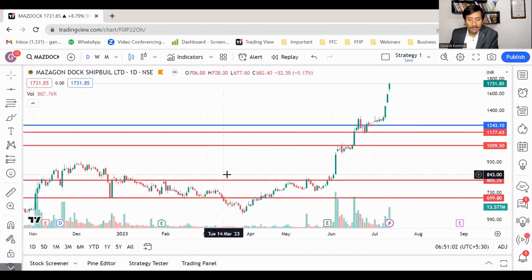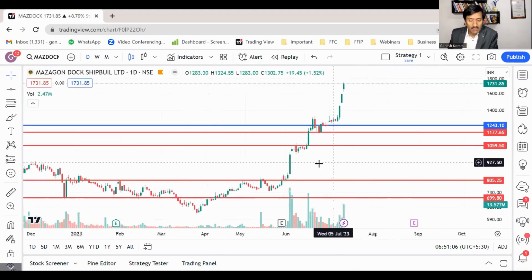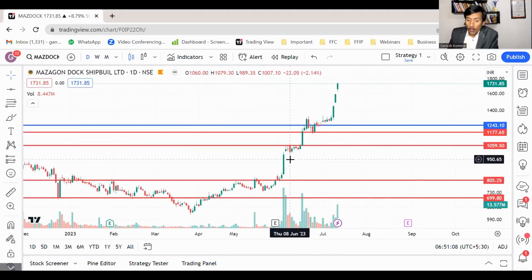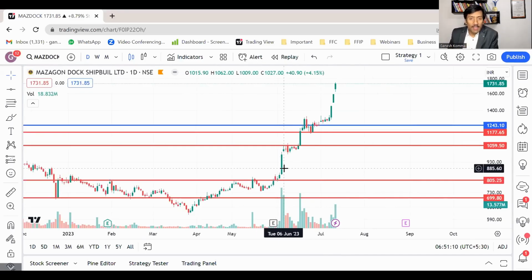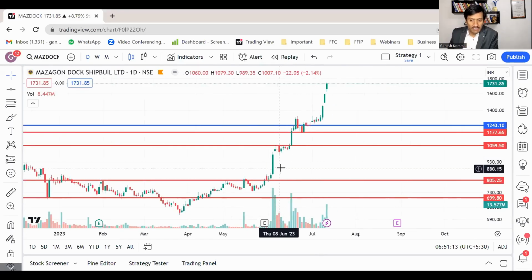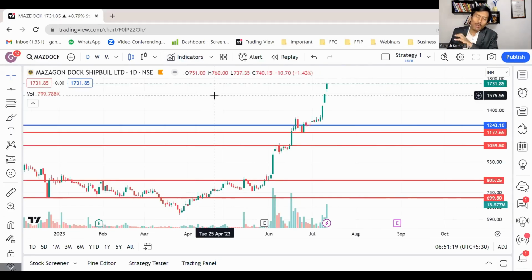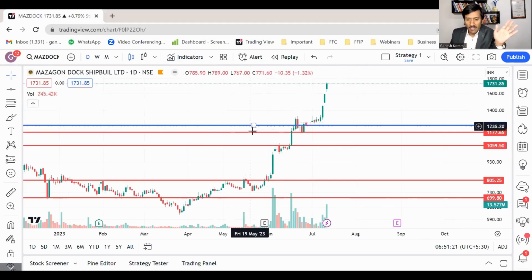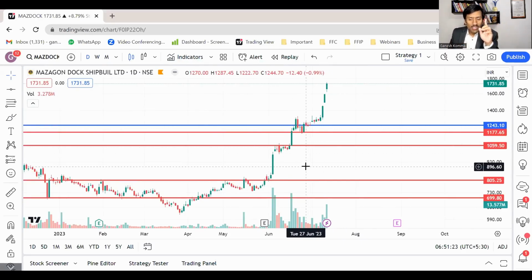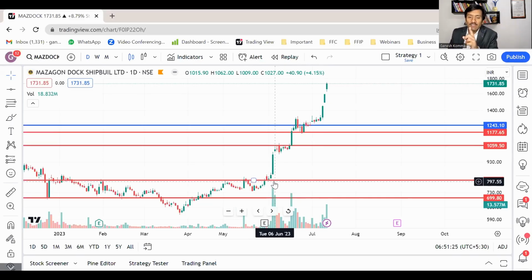This resistance zone it was able to cross, and for whoever has been following the support and resistance, one more gem you can add into your knowledge is, whenever a stock is able to cross its resistance with a very good volume, that is a good entry point for you.